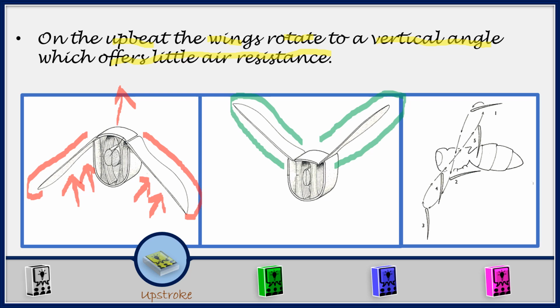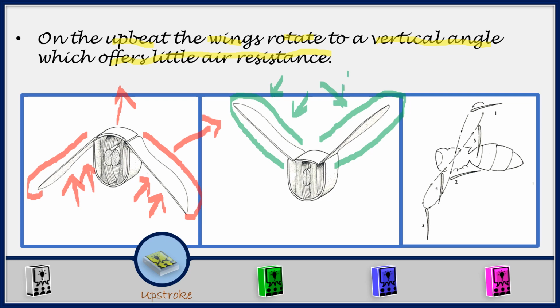Now, we want these wings to go back up like these ones. What should we do? We cannot take the wings up flat, because if the wings go up when they are flat, again they are going to offer a lot of resistance to air which is coming from up.